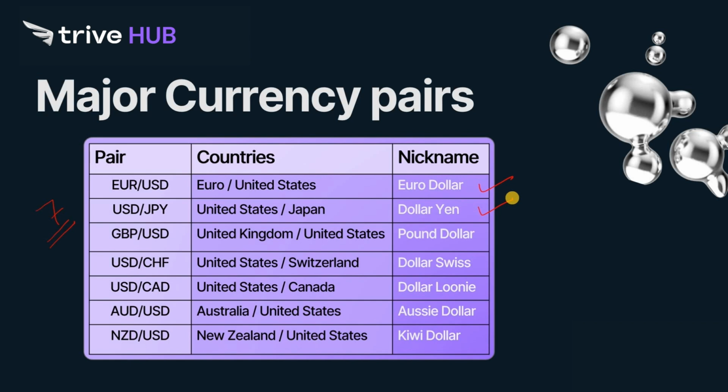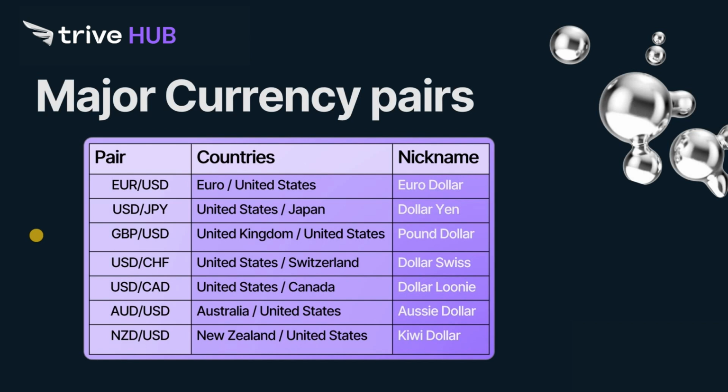So you can see here every pair has USD in common because USD is the highest traded currency, plus it is valid all over the world. These major currencies include 75% of the total volume globally generated in Forex. So there will be no problem of liquidity in these major pairs.